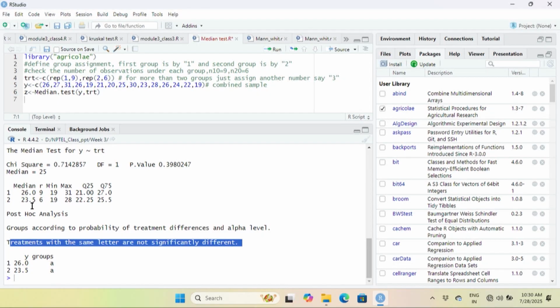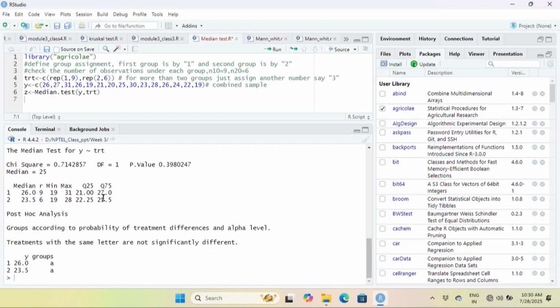Second group is 23.5 median, even though we are writing A and A. That means although we are having 2 separate groups, basically they are coming from the same population, and that's why the population is denoted as A and A. That means it is referring back to the same population.